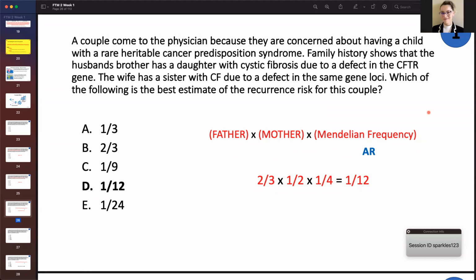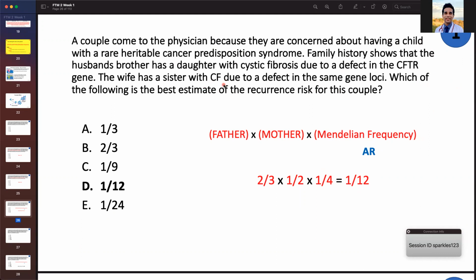Yes, definitely. Okay, cool. Before we go further, I highly suggest you do a couple of practice questions with these and memorize the Mendelian frequencies, or the incidence rates, for autosomal recessive, dominant, and so on, because it will help you get the quick math out of the way. They never mentioned in this vignette that it was autosomal recessive, right?